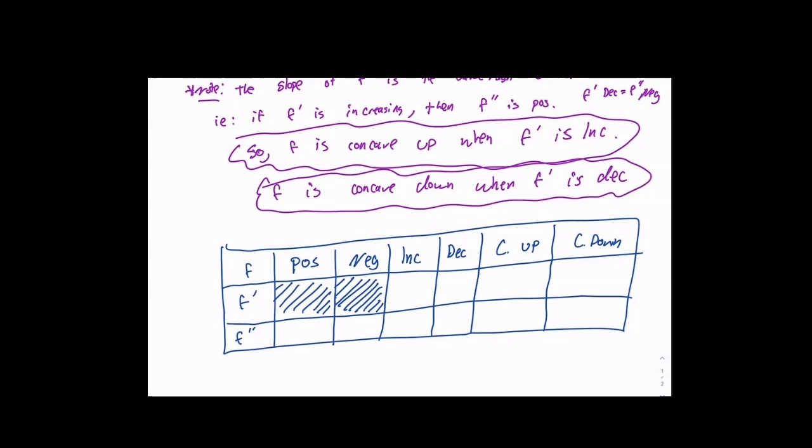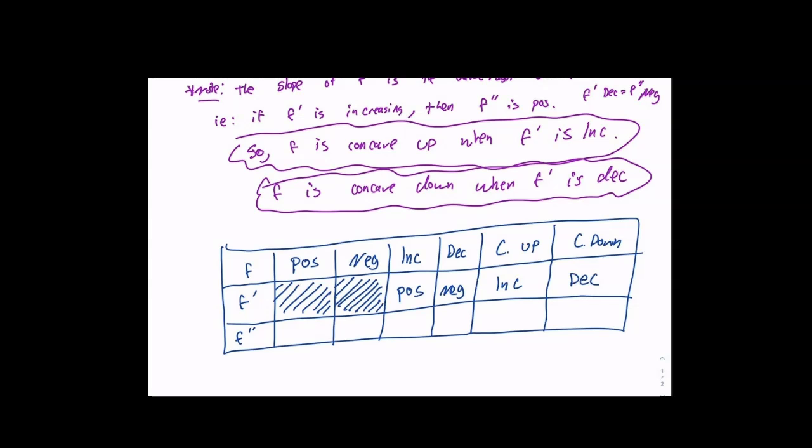Now, how do I know if f is increasing? If f prime, and then we can just shift everything over, is positive. How do we know a function is decreasing? If f prime is negative. How do I know that a function is concave up? When f prime is increasing. How do I know a function is concave down? When f prime is decreasing.